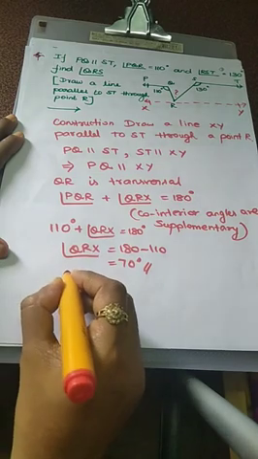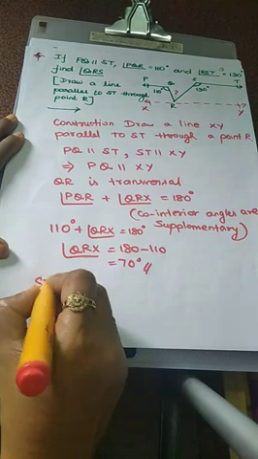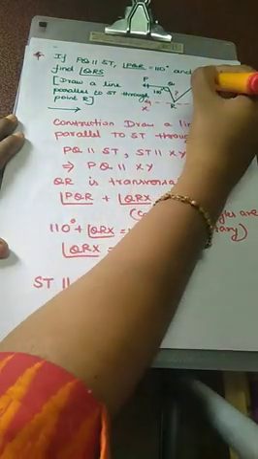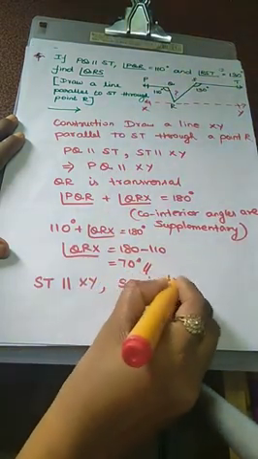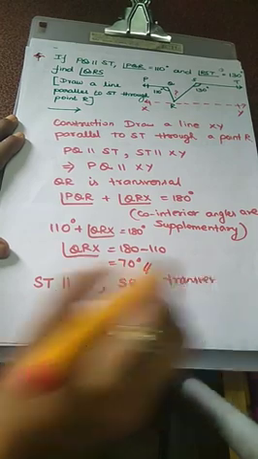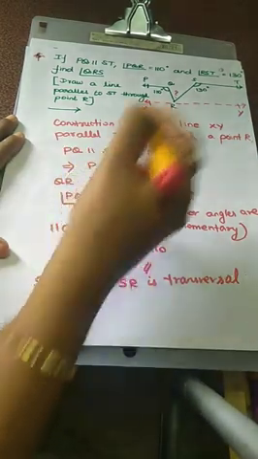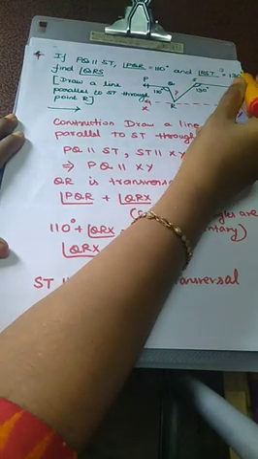Next we have to calculate QRS. For that we use the line ST, which is parallel to XY. So SR is also a transversal. Actually this angle is 130, that is RST.